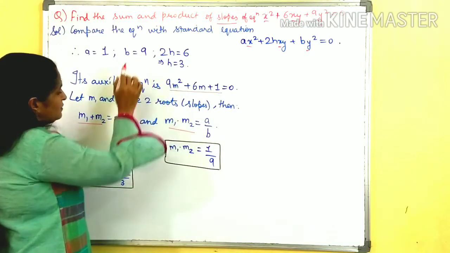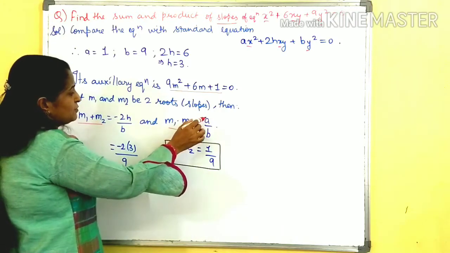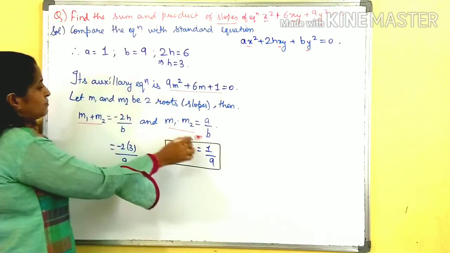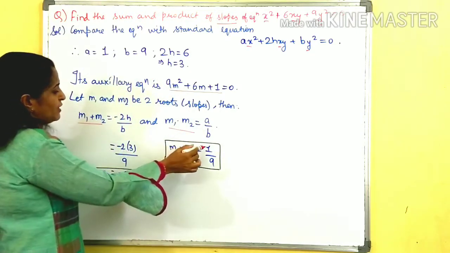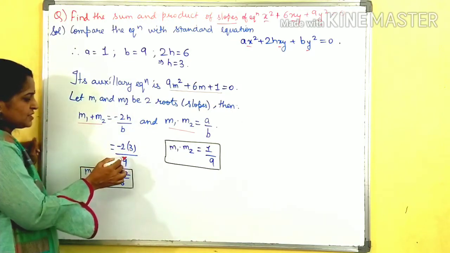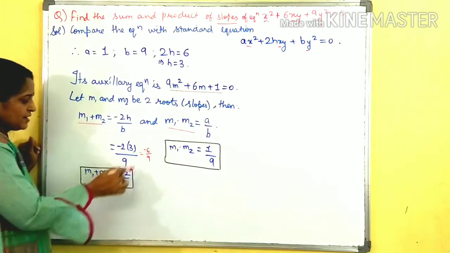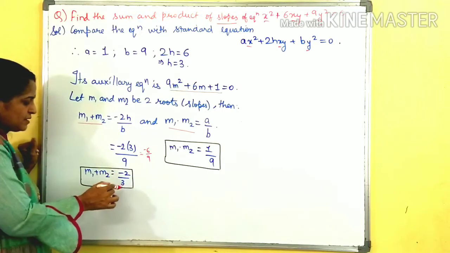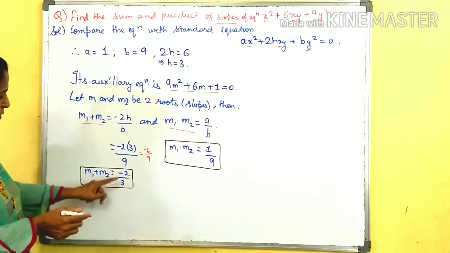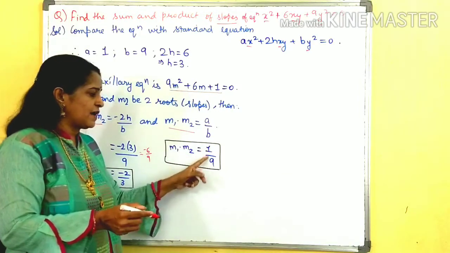B value is your 9. m1 into m2 is equal to a by b. What is a? A is 1, b is 9. So 1 by 9. So here you get minus 2 into 3 is nothing but minus 6 by 9. Divide it, so we get minus 2 by 3. Therefore, sum of slope is minus 2 by 3 and product of slope is 1 by 9.